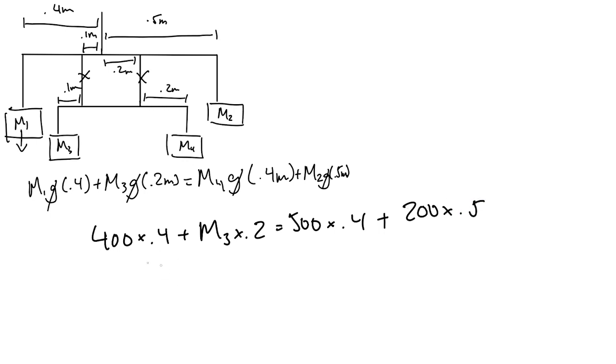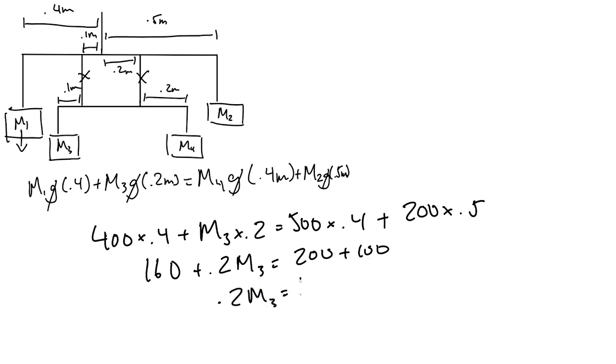So 160 plus 0.2 m3 is equal to, please tell me I'm doing this right, 200 plus 100, right? So that's 300. Did I do this right? I feel like I did this right. That means we can say that 0.2 m3 is going to be equal to 140, since this is 300 minus 160.